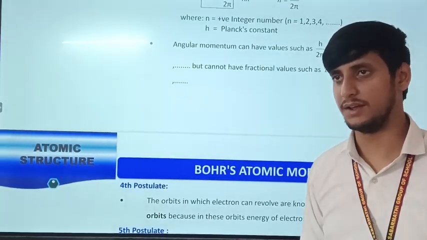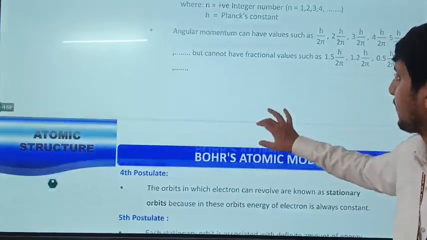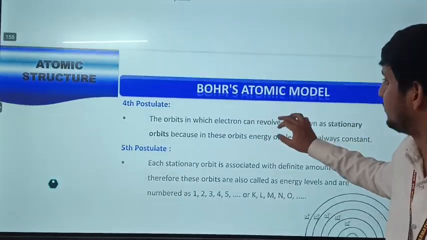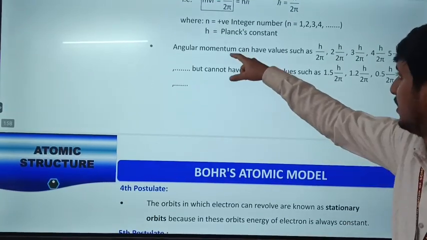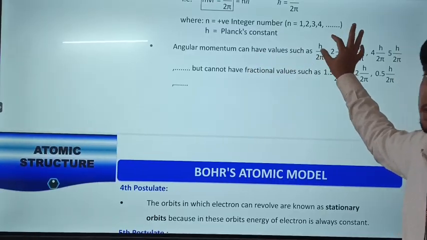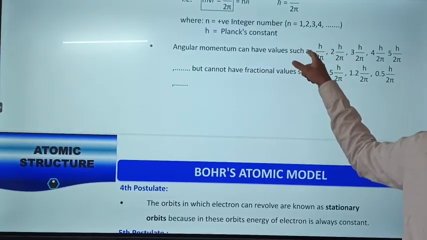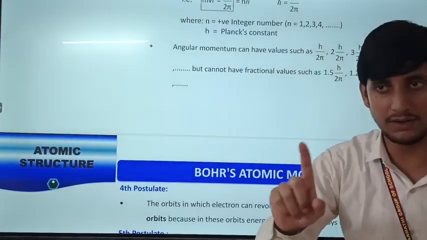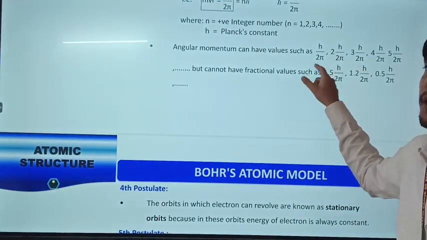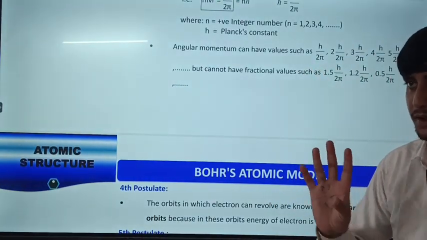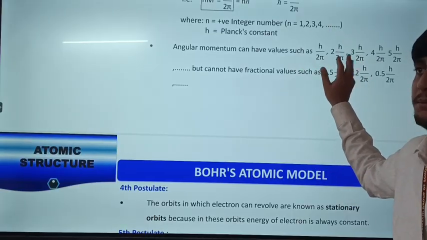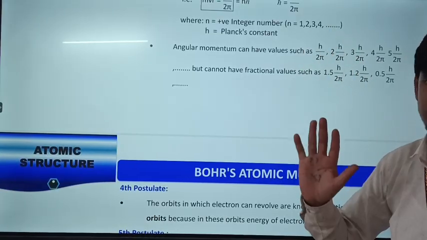Joule second. It is the quantized value: first h upon 2 pi means electrons are revolving in the first shell. 2h upon 2 pi means electrons revolve in the second shell. 3h upon 2 pi means electrons revolve in the third shell.